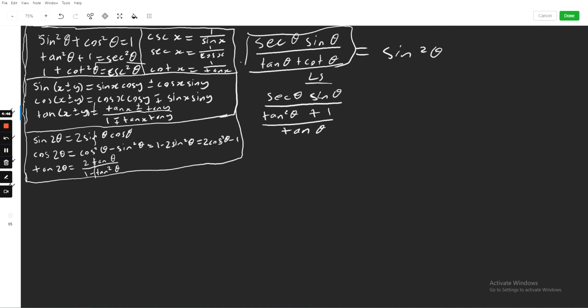Let's see here. We can use the Pythagorean identity, so tangent squared theta plus 1 is equal to secant squared theta, excuse me. So it would be secant theta sine theta over secant squared theta over tan theta.